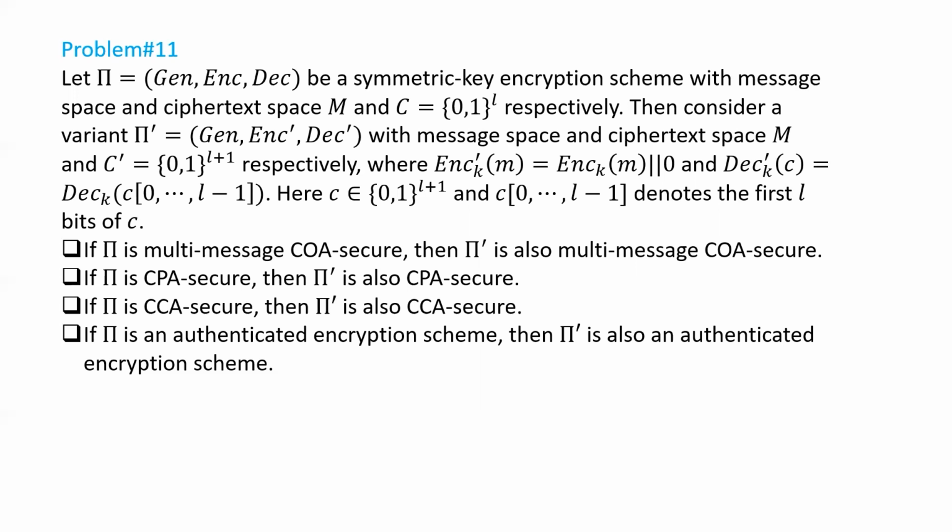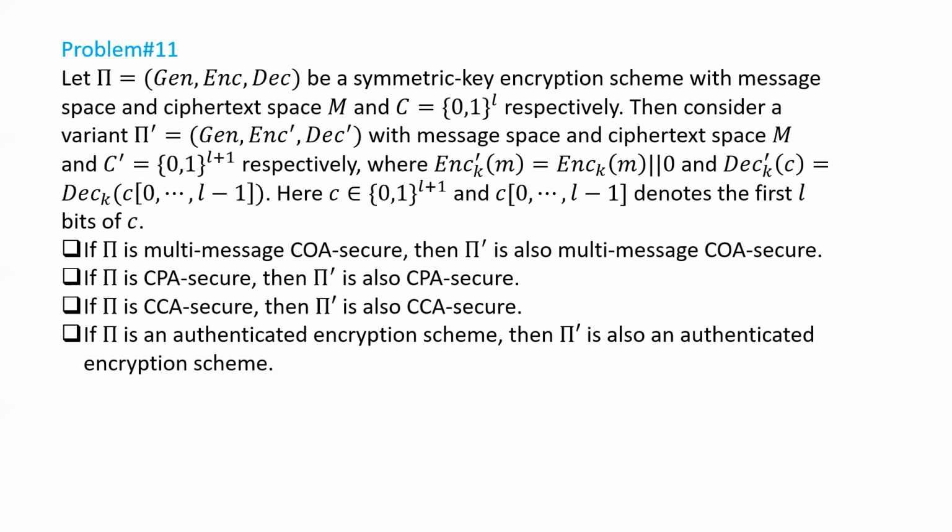Now the options: the second option is if pi is CPA secure, then pi' is also CPA secure. The third option is if pi is CCA secure, then pi' is also CCA secure. And if pi is an authenticated encryption scheme, then pi' is also an authenticated encryption scheme. So the security model increases gradually from top to bottom.